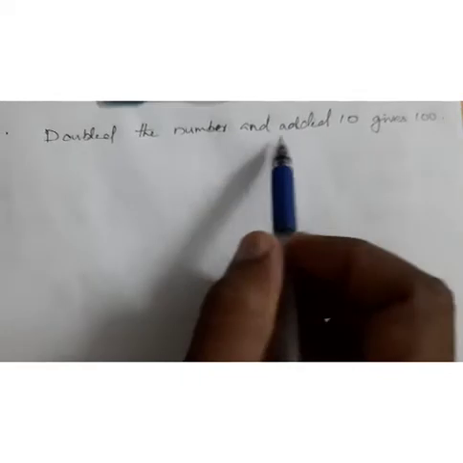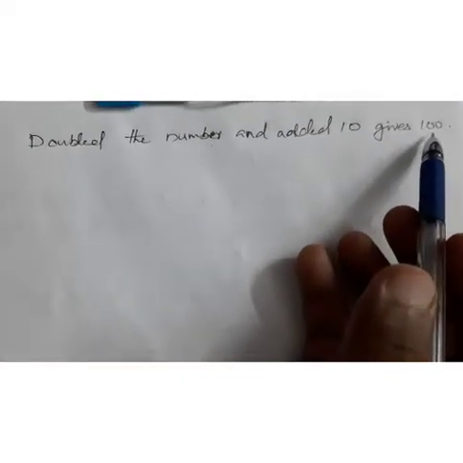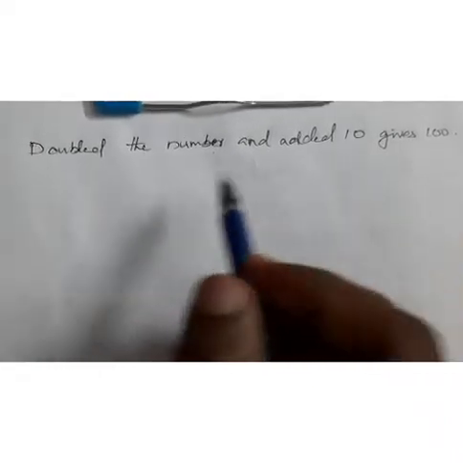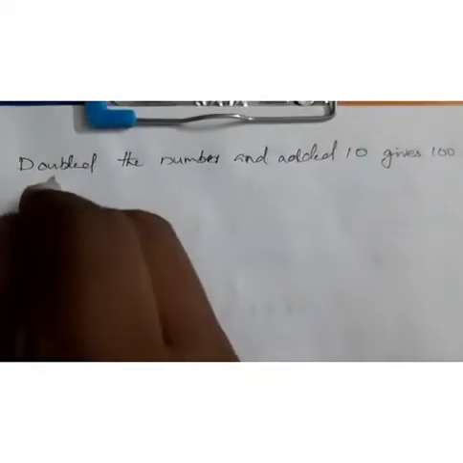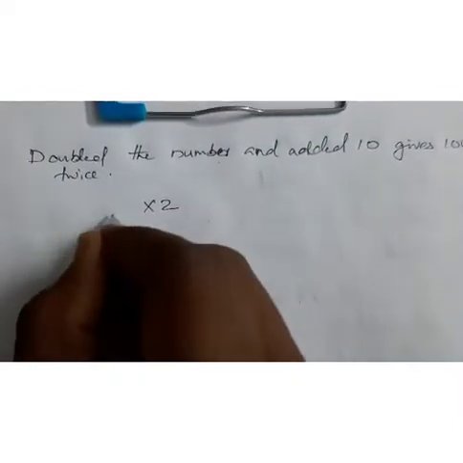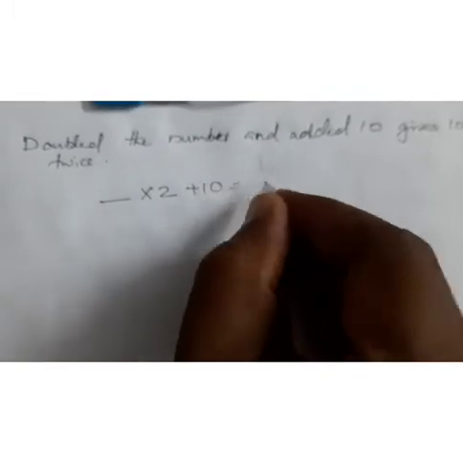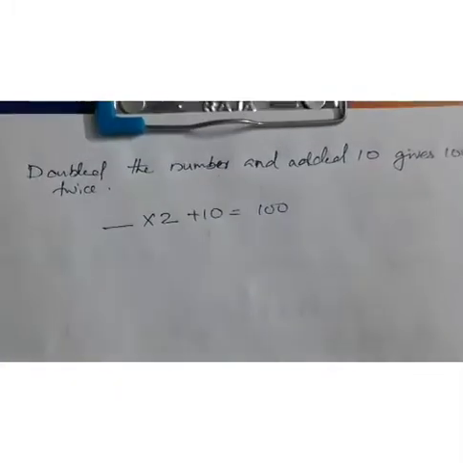Double the number and add 10 gives 100. You have to find the number. Double means twice. Twice a number, then add 10, will give 100.